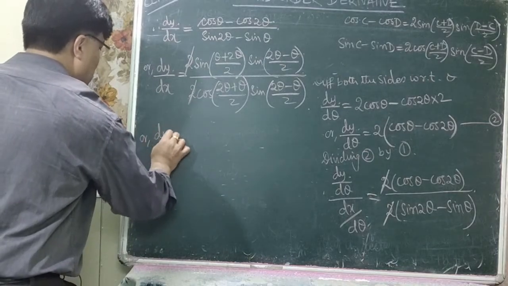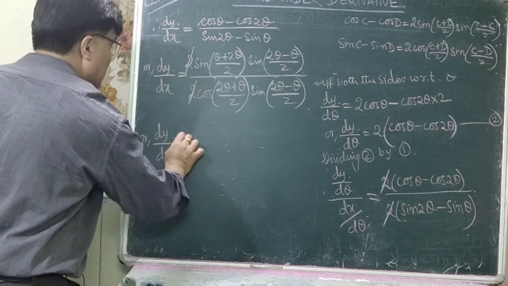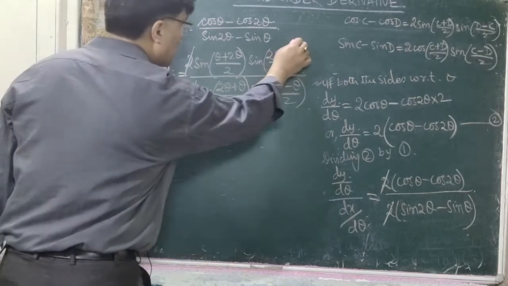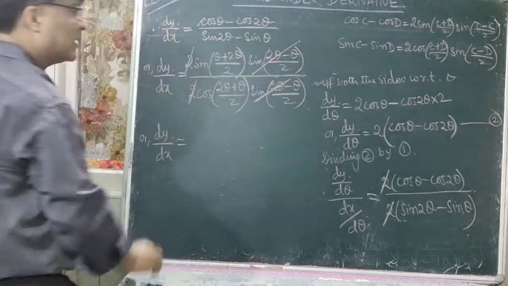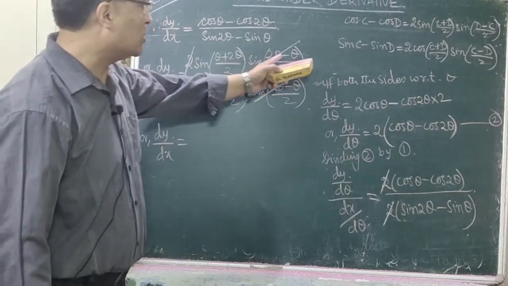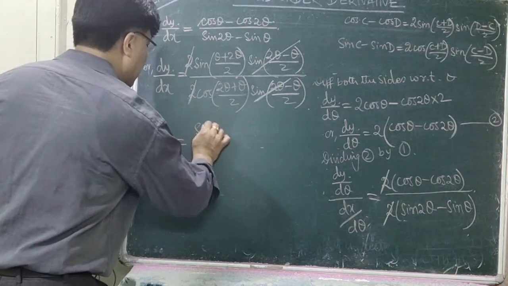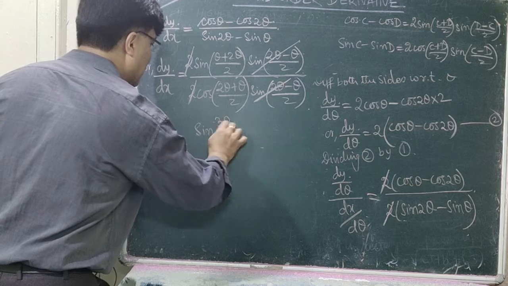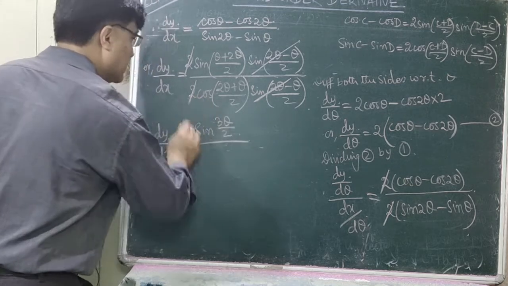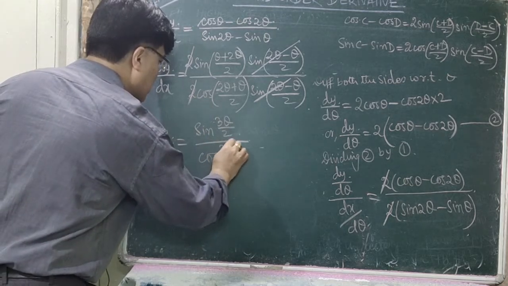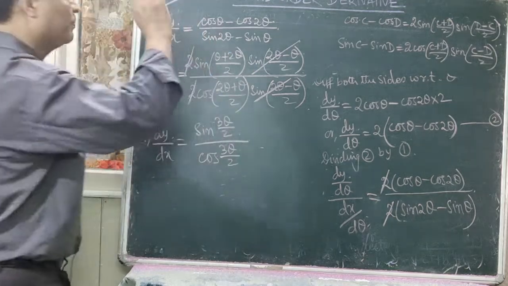Or this is your dy by dx is equal to, now here you can cancel this term, sine of 2 theta minus theta by 2, you can cancel them, which is equal to sine 3 theta by 2 divided by cos 3 theta by 2.